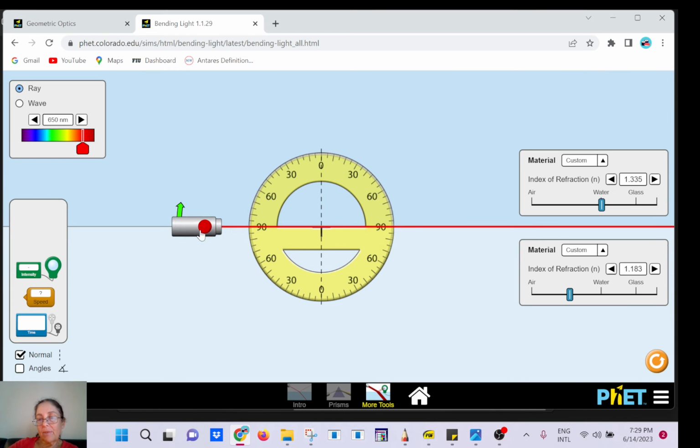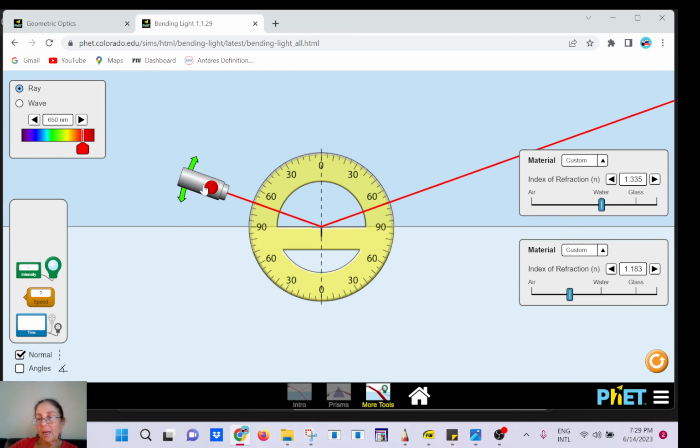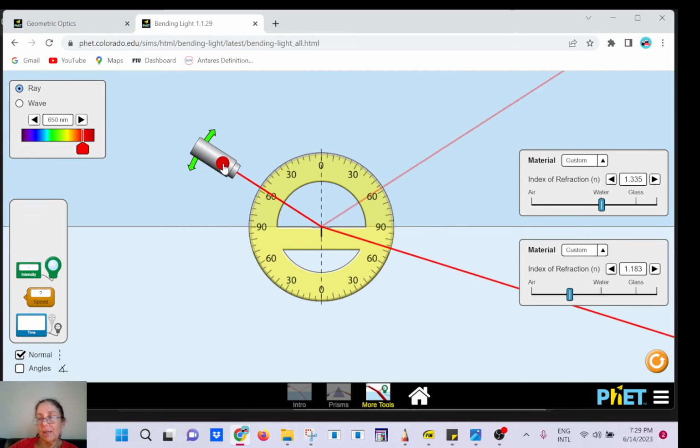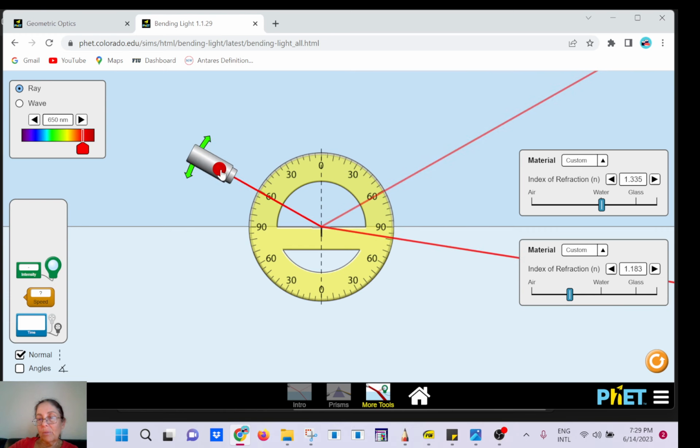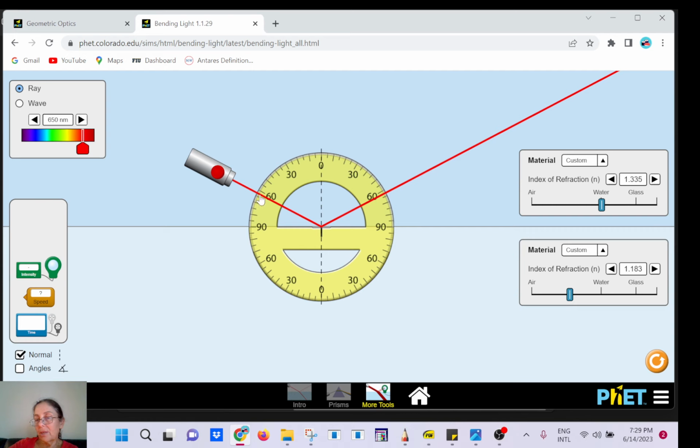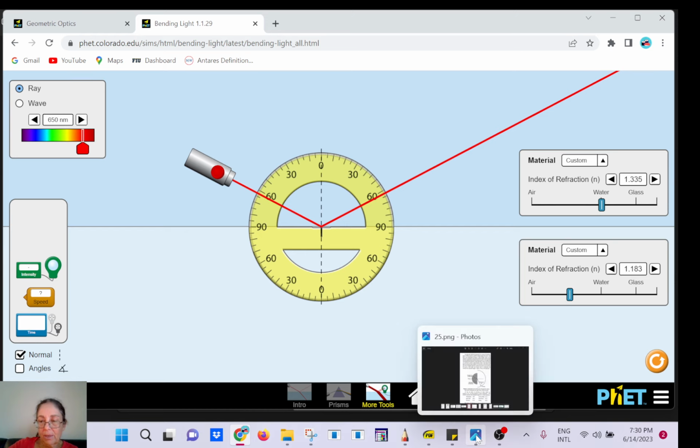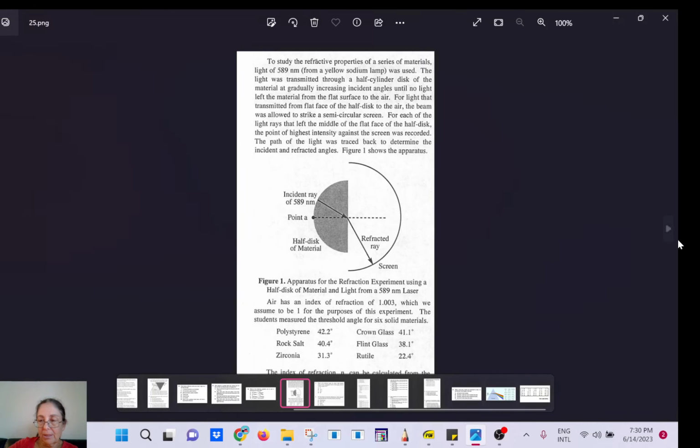So when you have less contrast between medium 1 and medium 2, even though this one has a larger index of refraction, you can still have total reflection, but the critical angle will be larger, about 60. Here, when you go from water to air, whatever it is. Okay, so let's look at the questions.